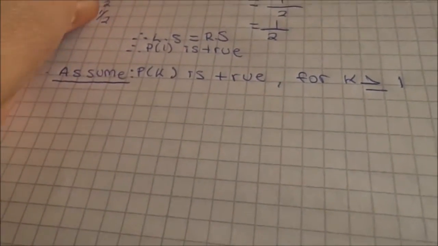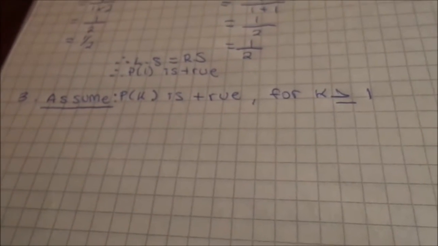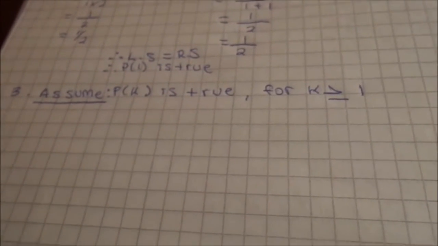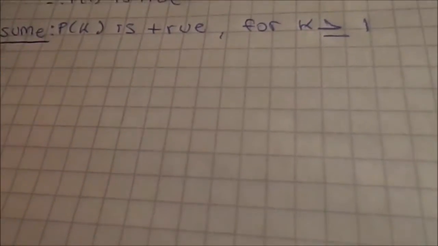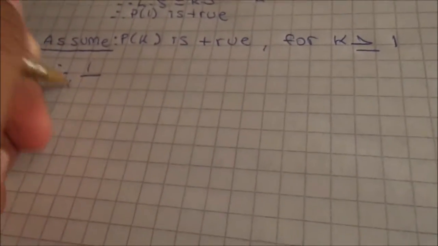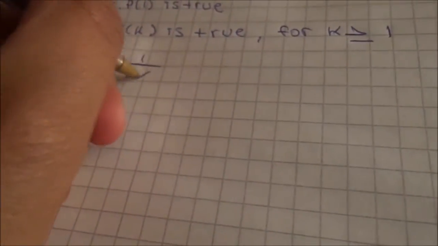So basically now I'm plugging in K for n. So I'm just replacing the variables. So I'm going to write the question down again. 1 over 1 times 2 plus 1 over 2 times 3 plus all the way until 1 over.